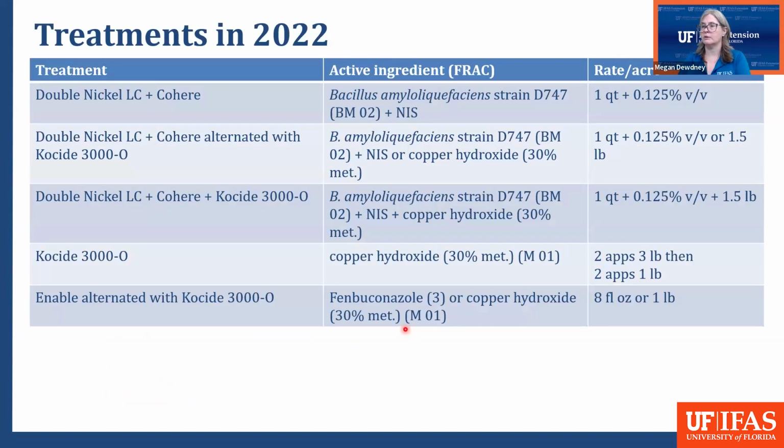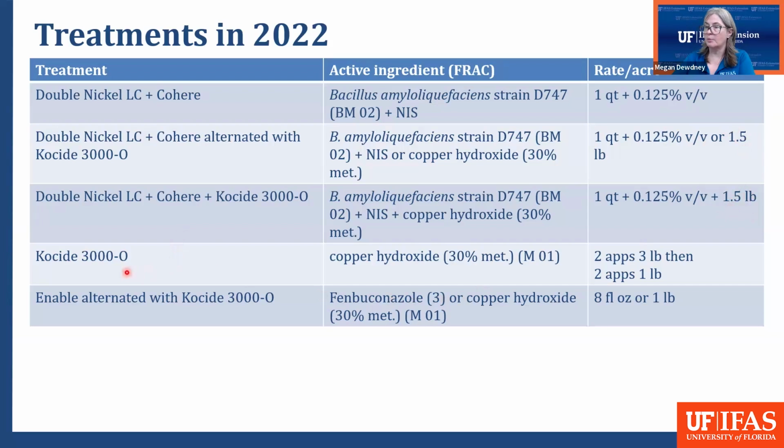We looked at quite a few treatments. We looked at Double Nickel with Cohere as a surfactant, Double Nickel and Cohere alternated with Cosside 3000, and Double Nickel and Cohere with Cosside 3000 all at the same time. So we're looking at a quart, 0.125% volume to volume of the non-ionic surfactant, and then 1.5 pounds of copper.